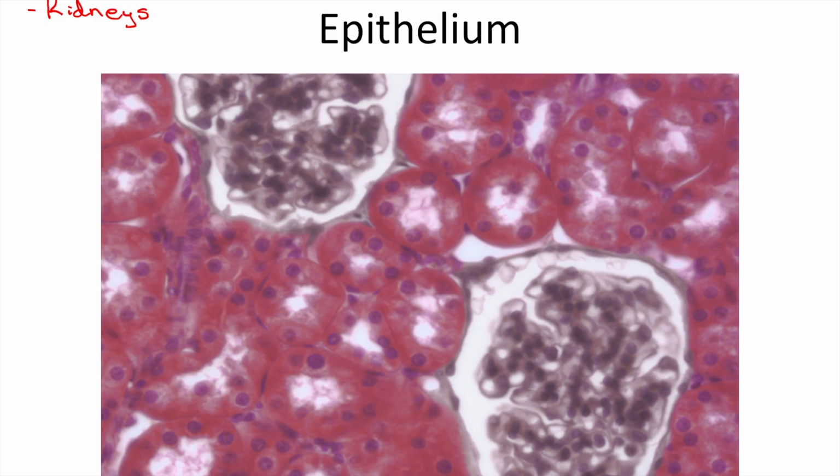And the kidneys are made up of structures called tubules. And so here you can see one of those tubules cut in cross section. You can see the cells of these tubules from our basement membrane are a single cell layer thick, and the cells are approximately cube-shaped. So this is simple cuboidal epithelium.